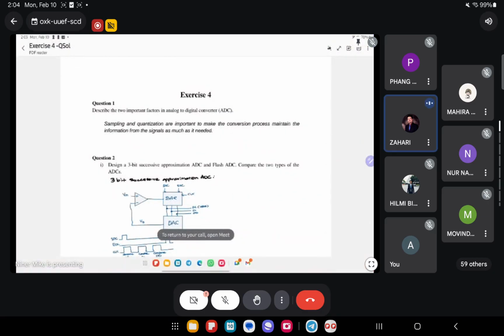Okay, this is exercise 4. Can you see or not? Yes, Doctor. Do you have the same copy? I think you have the same copy, this one with answers. I'll provide it to you later, but now I think we discuss first.